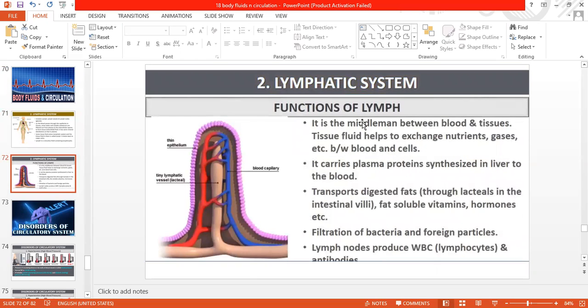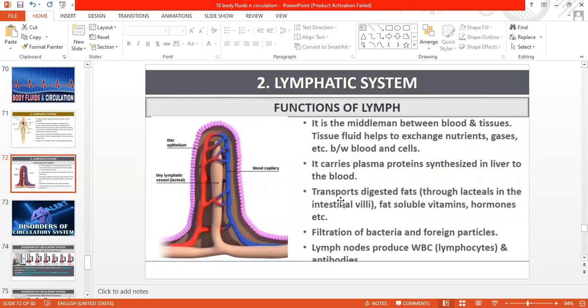Now let us understand what is the function of the lymph. You can say that lymph is a middleman between blood and tissue. So what does a middleman do? A middleman transports things from one person to another. So this lymph, or tissue fluid, also helps in exchange of nutrients, gases, etc. between the blood and the cell. It carries plasma proteins synthesized in the liver to the blood.